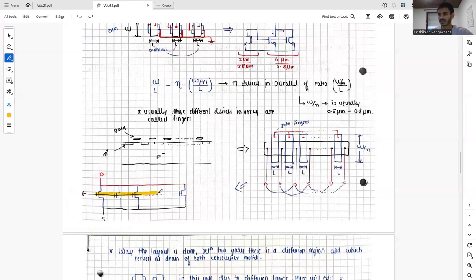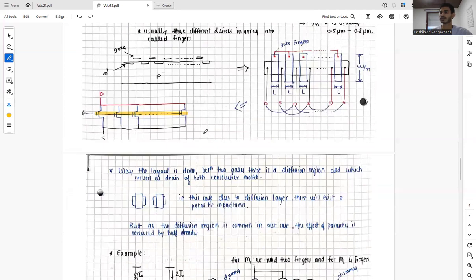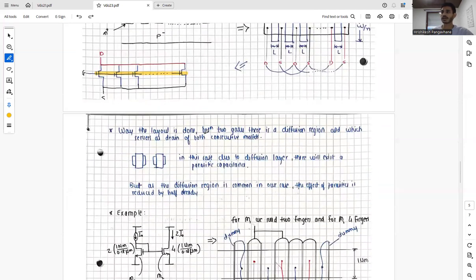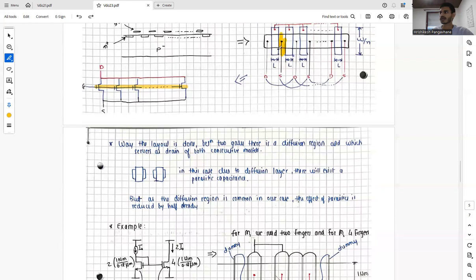We have n number of identical omega by n divided by L MOSFETs. So the way the layout is done, between two gates there is a diffusion region, which serves as the drain of both consecutive MOSFETs.